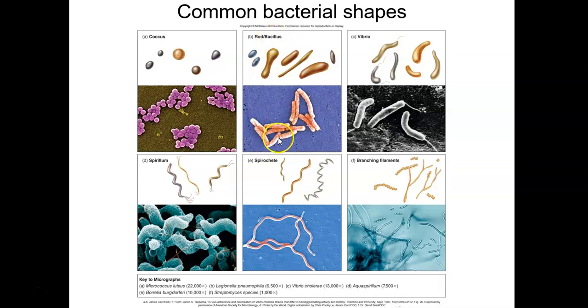Then we have our bacillus, which is our cylindrical rod shape. Here's our Vibrio, which kind of has this curved comma or kidney bean shaped appearance. Here's our spirochetes, which have this kind of wavy looking appearance, this almost like a spring looking shape to them. And then we also have ones that are known as Spirillum, which kind of have this wavy-like appearance as well. So lots of different shapes that we're going to see as we go through the chapters this semester.